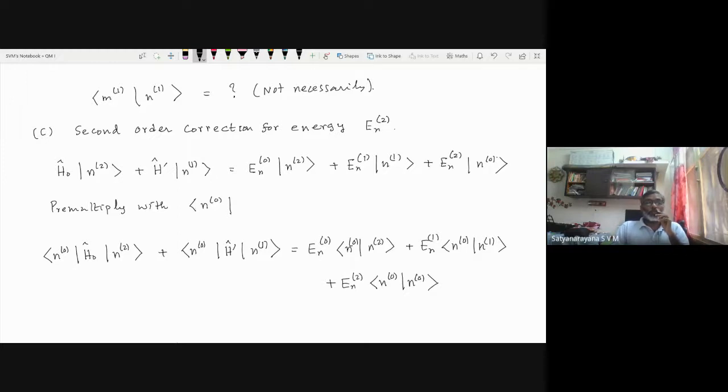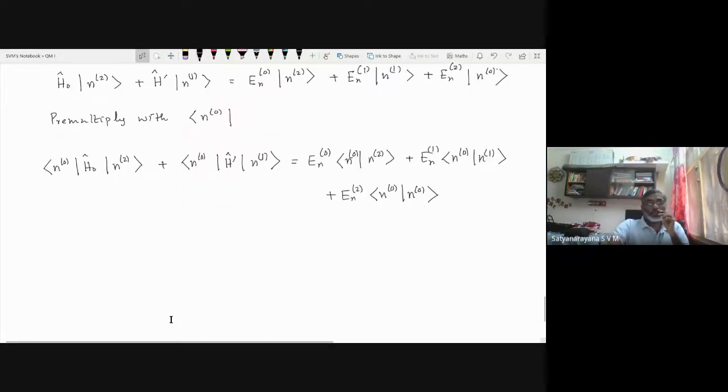Correct? Now you can see, let us do some simplification. N0 N1, we have chosen N1 such that this is equal to 0. There is no component from N1 along N0. So that is 0. And N0 N0 is 1. Okay. And what will this be equal to?